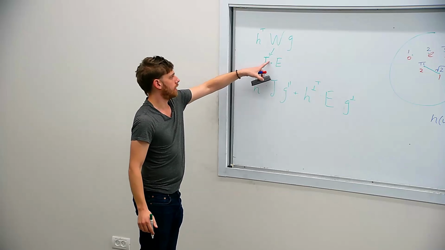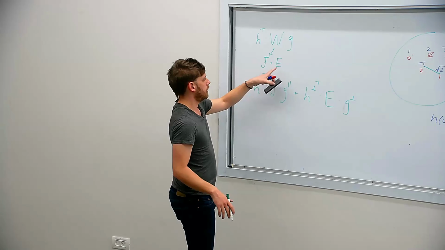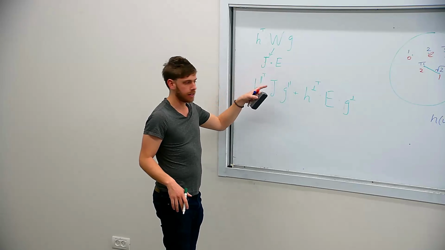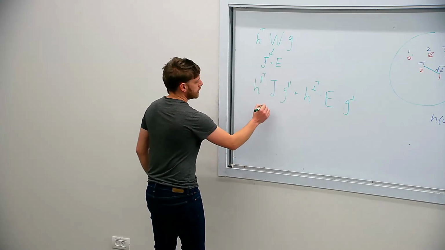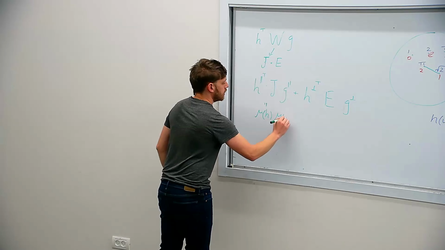Because J acts only on the parallel space, the all-ones vector, and E sends to zero the parallel space, so we are left with the perpendicular space. And this is exactly mu H times mu G.